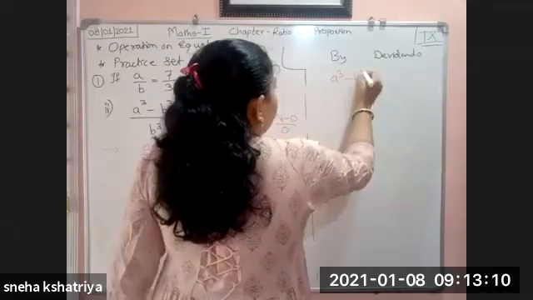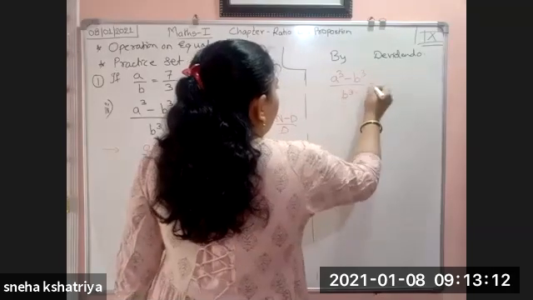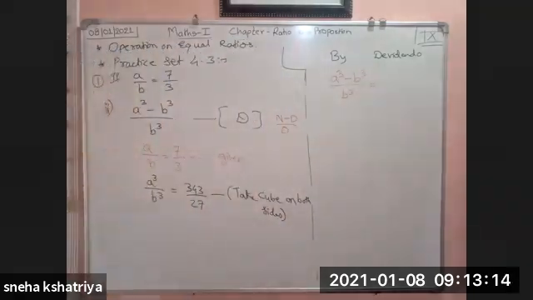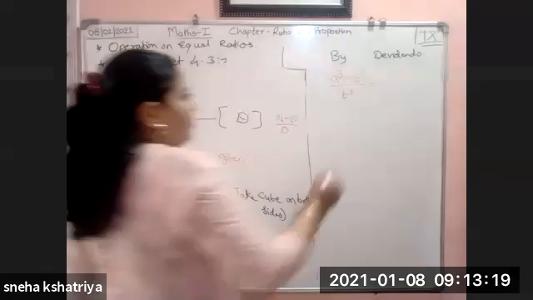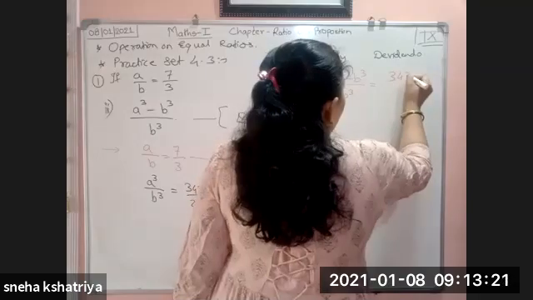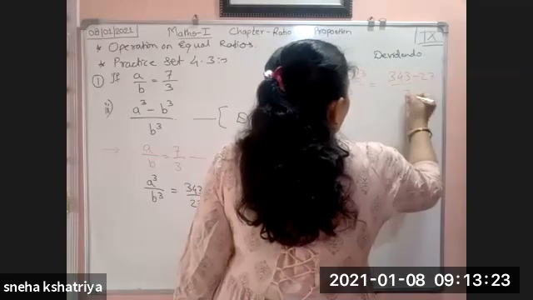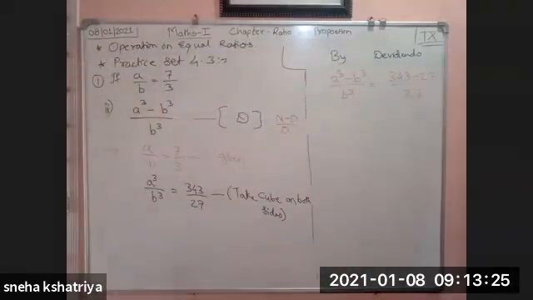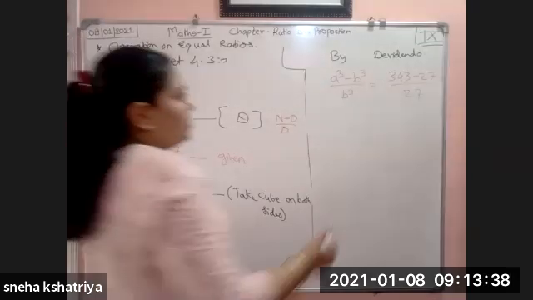A cube minus b cube divided by b cube is equal to 343 minus 27. Only at the numerator 343 minus 27 will come, and at the denominator 27 is as it is. 343 minus 27 is 316.